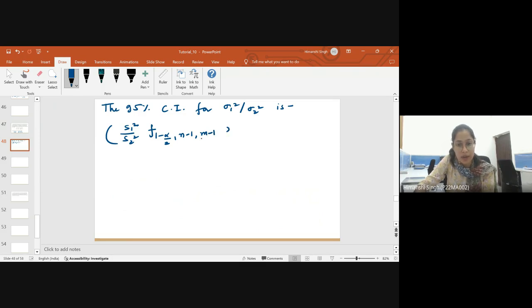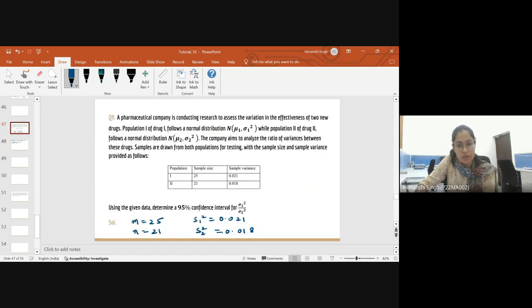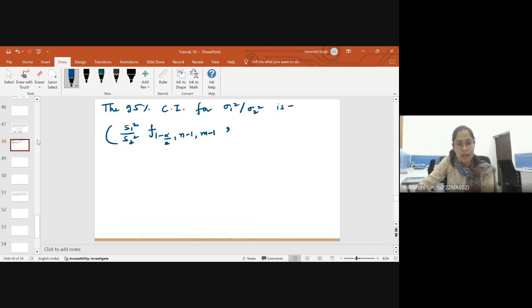Just keep this in mind: first comes the degrees of freedom of the second population, and at last comes the degrees of freedom of the first population. This is important to remember.